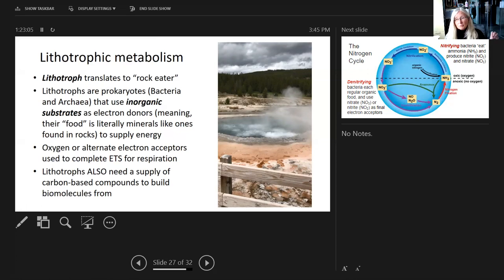And a lot of them do it by making their own organic compounds, meaning they do something equivalent to photosynthesis. And others make ATP by eating rocks, and then they will also use organic compounds from pre-existing things like we do. So they are really interesting, cool, awesome bacteria.